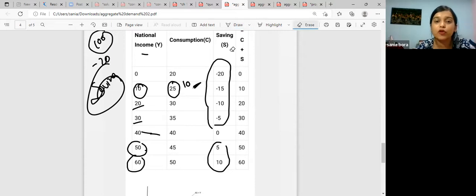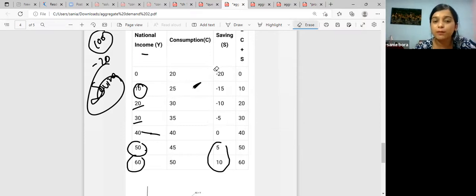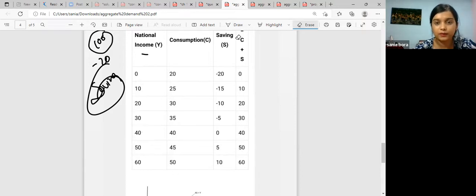Now in the exam hall, of course, you cannot do it like this, how much, how much, how much? It will be a little bit hectic for you, right? So I'll share the tip on how you are going to make a schedule in your exam hall. See, it's income. It's very clear. You are just going to add 10. 0 plus 10, 10; 10 plus 10, 20; 20 plus 10, 30, like this.